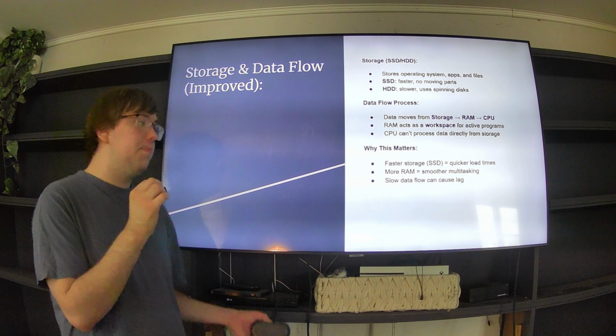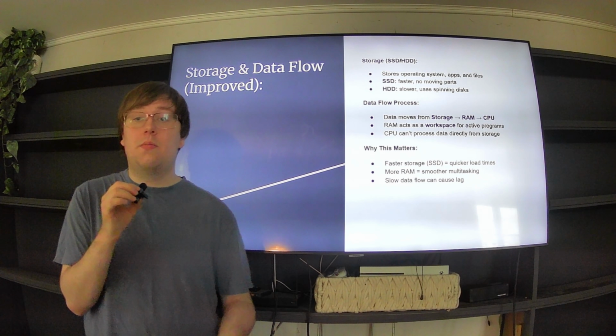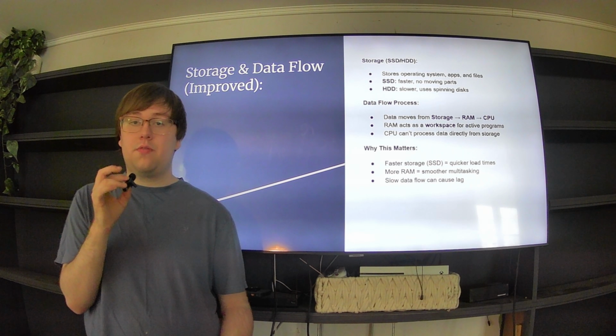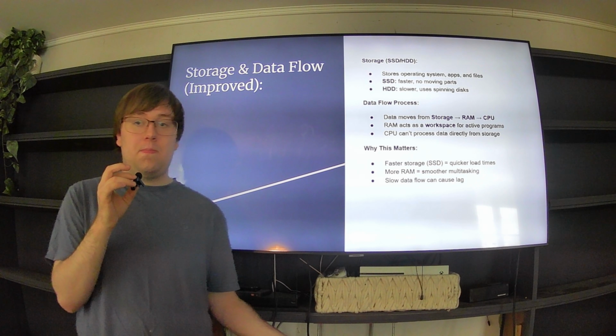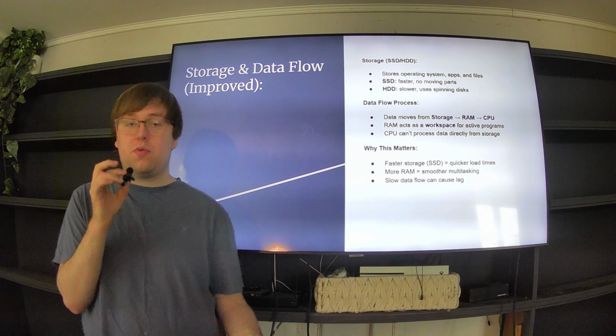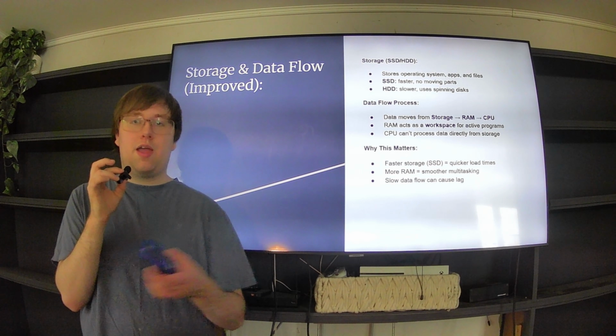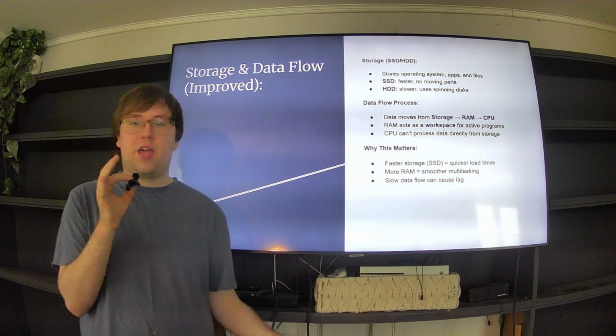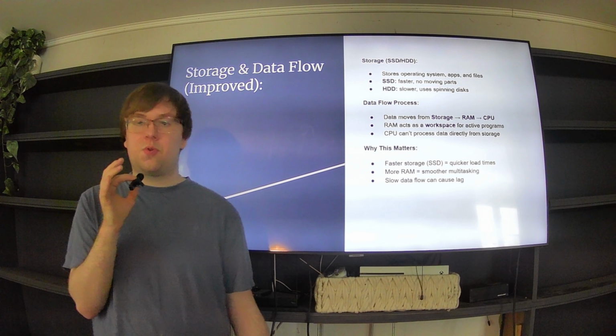Why does it matter? It's faster. It loads applications a lot faster if it goes through the RAM. More RAM means smoother multitasking. If you have multiple applications open at once, the RAM will help use all of those applications and keep them open without the system crashing.